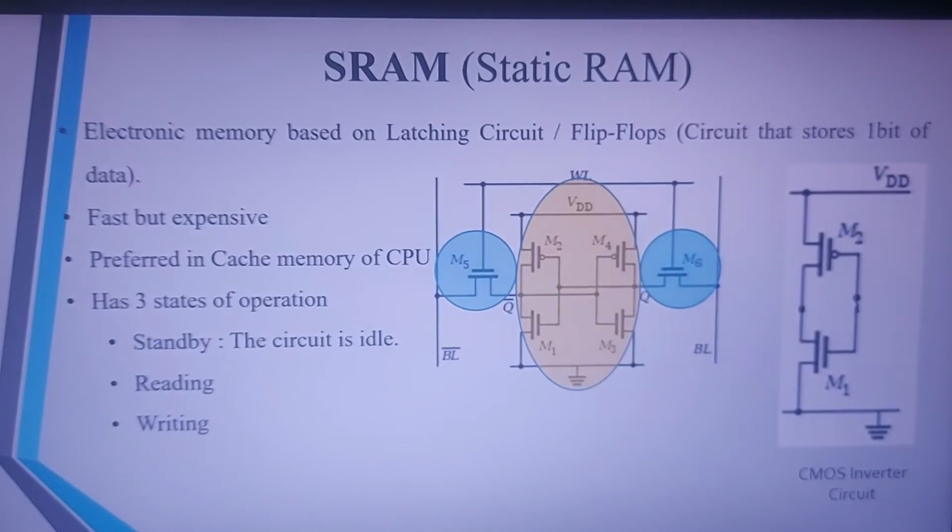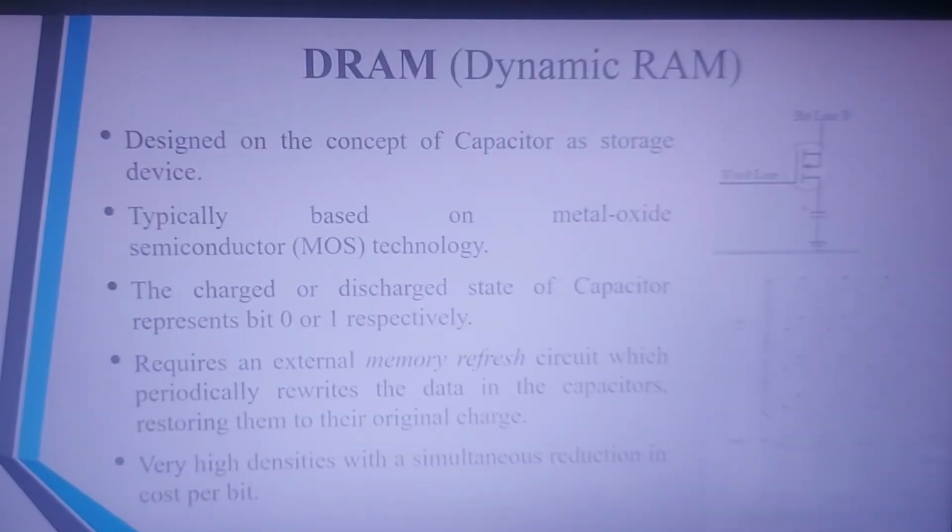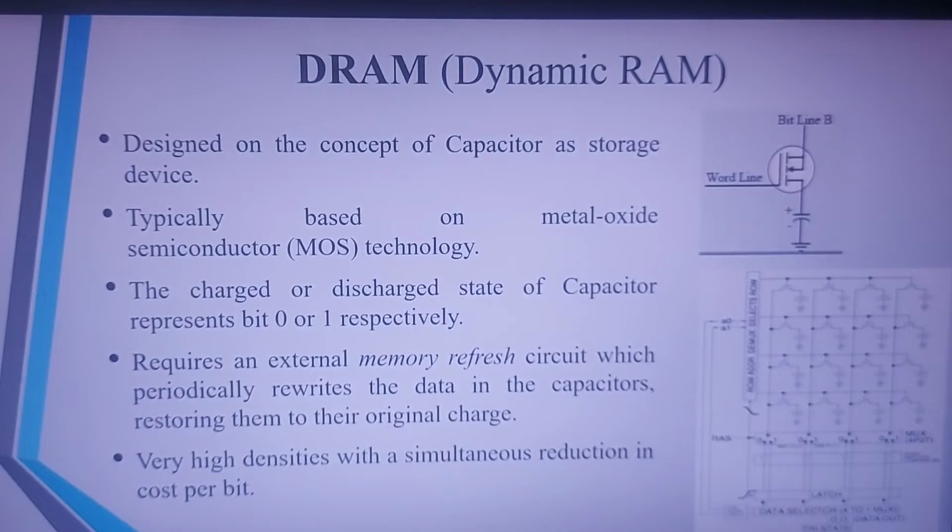We have another type of RAM, that is DRAM, dynamic RAM. Now this type of memory uses a capacitor to store the data instead of a transistor latch. So typically metal oxide semiconductor technology is used for the access transistor, and a capacitor is used to store the data.